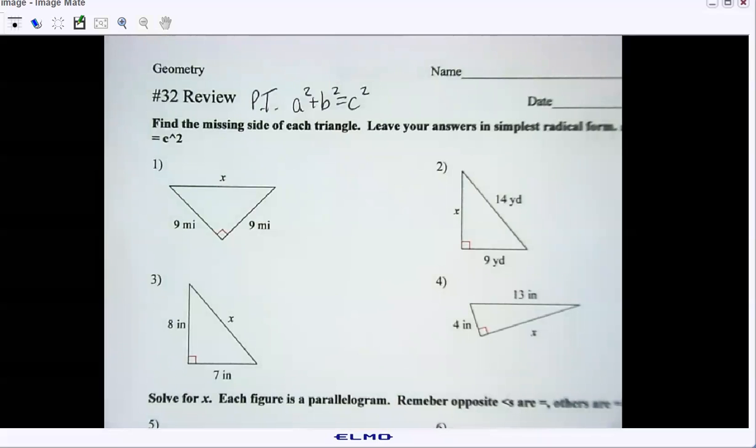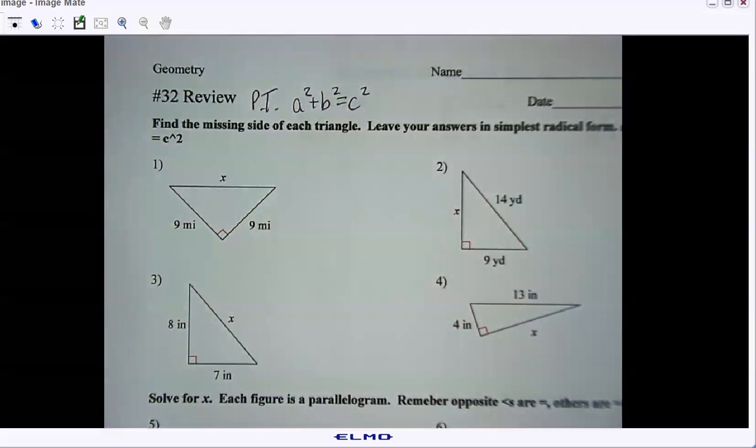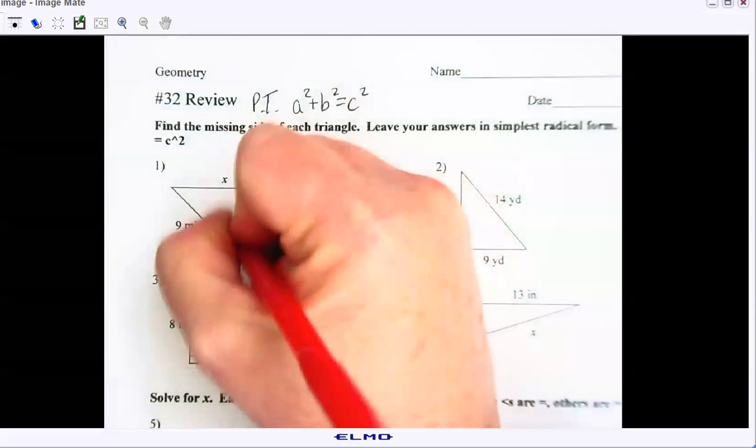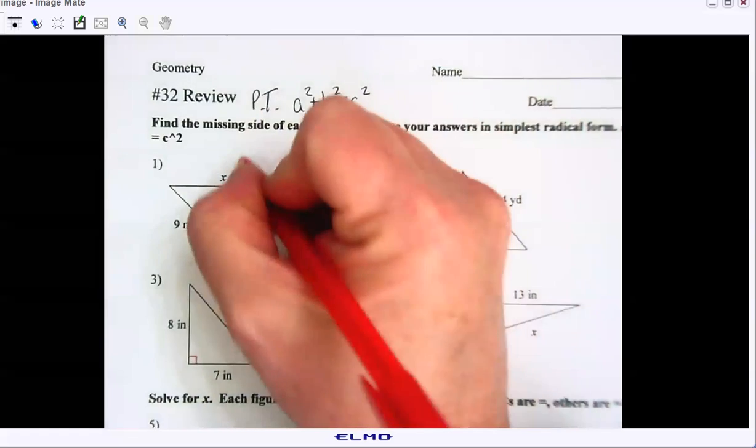What's its location? Isn't it always across from that little box thing? Yep, exactly. We'll call it the right angle symbol, the little box. Good. So across from the right angle symbol or the box is always C.